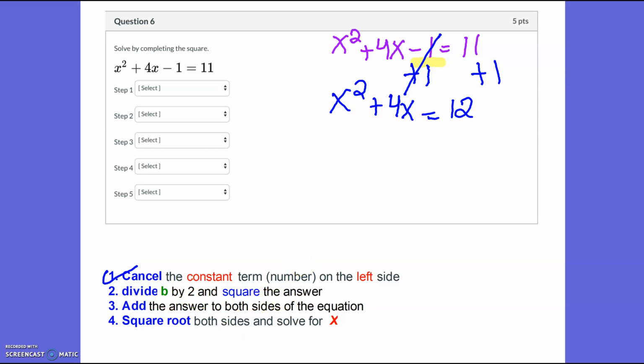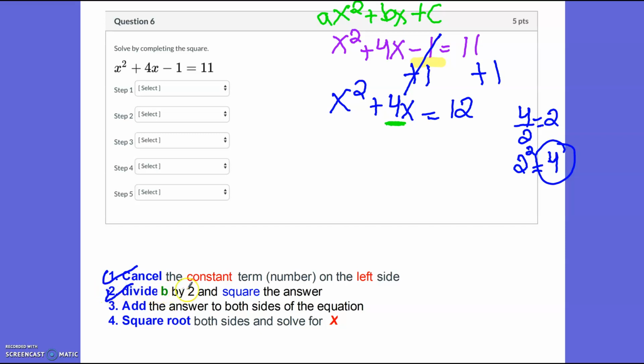So b is 4, because the quadratic equation is ax squared plus bx plus c. So b is the coefficient of x. We're going to divide b by 2. 4 divided by 2 equals 2. And then we're going to square 2. That will give us 4.